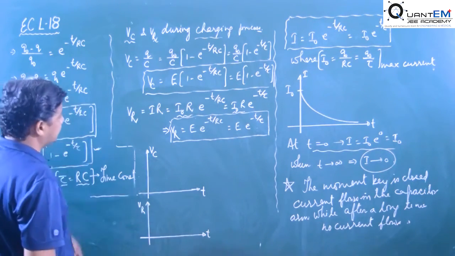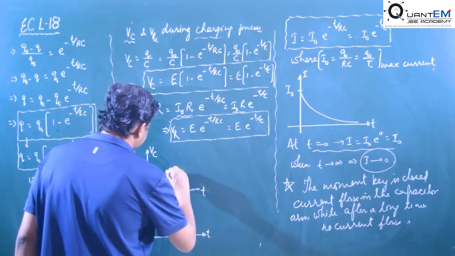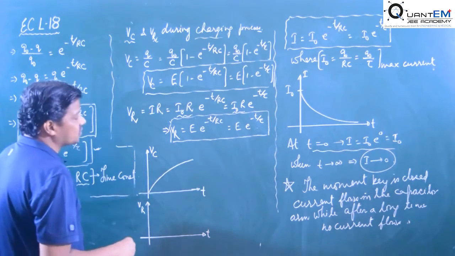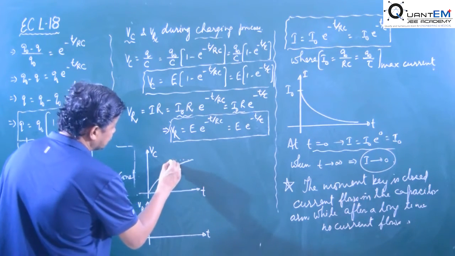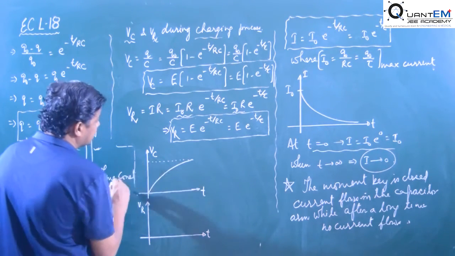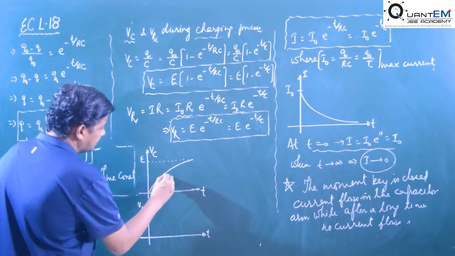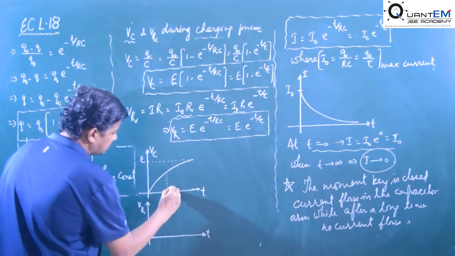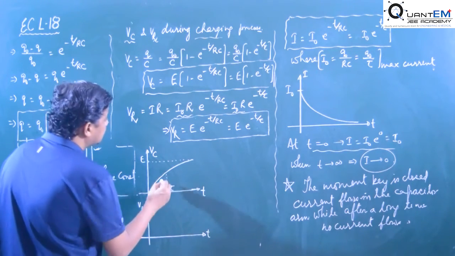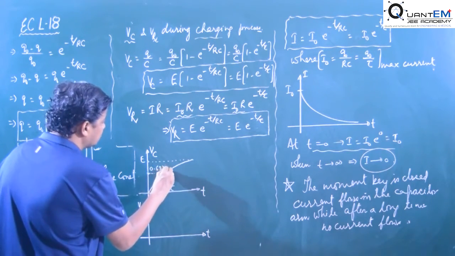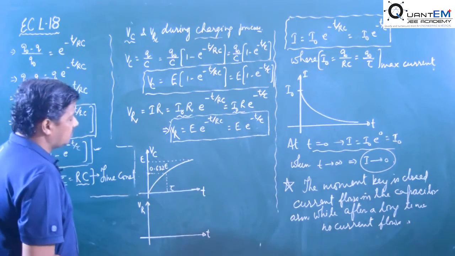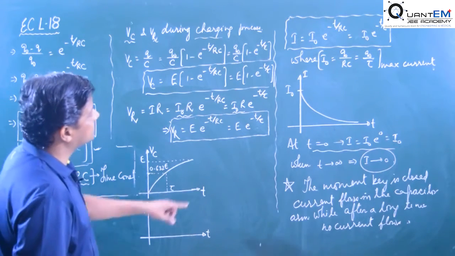As charge is increasing, the potential drop also increases, and at time constant tau, the potential drop will be 0.632 times the supplied EMF E. So at time constant tau, it is 0.632 E.